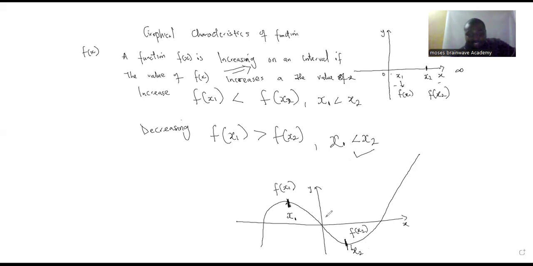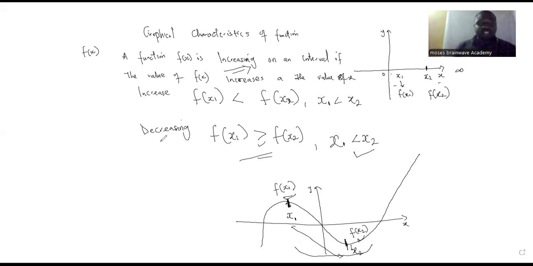Clearly, we can see that f of x1 is greater than f of x2. So this function, considering just this interval, we can say it is decreasing.